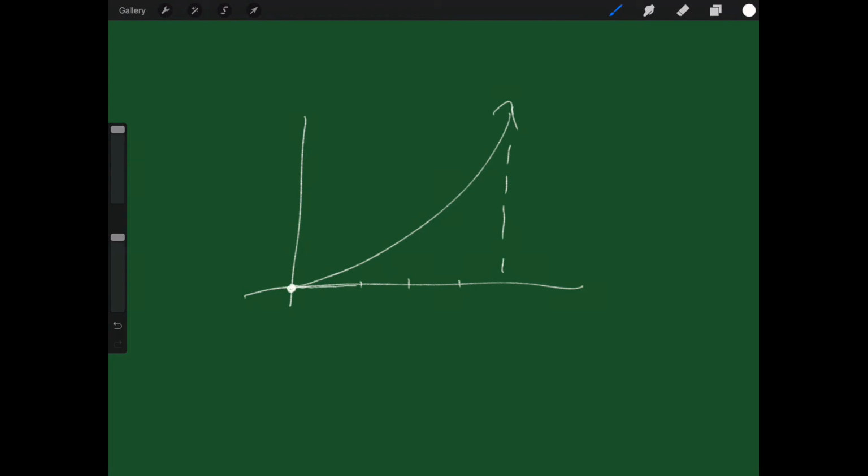So the first rectangle has no height. It's just a straight line. The second rectangle, I'll use this guy for my height. And I get that little rectangle. Then I use this guy for the next height, and I get this little rectangle. And then I use this one for my last height, and I get this little rectangle.